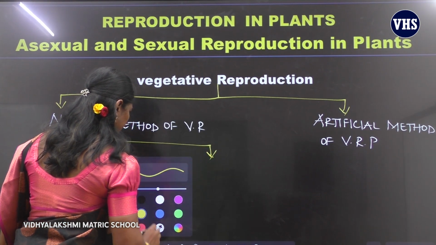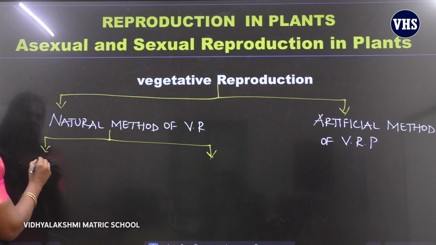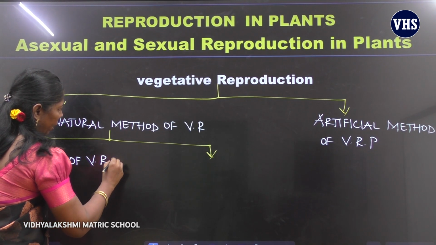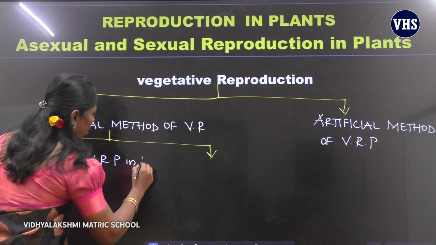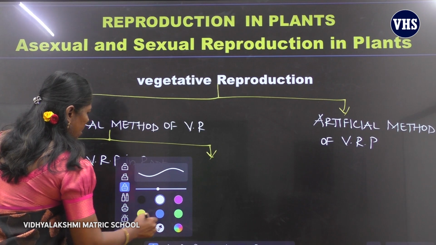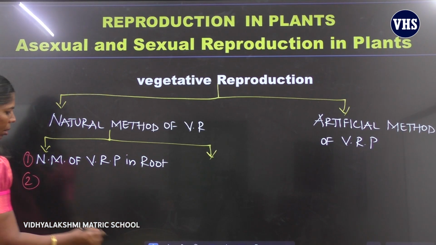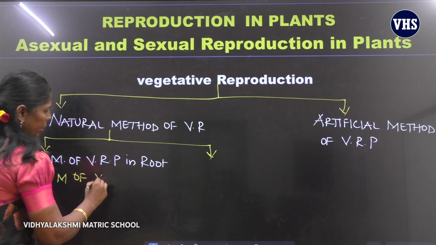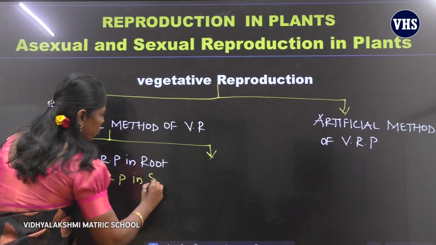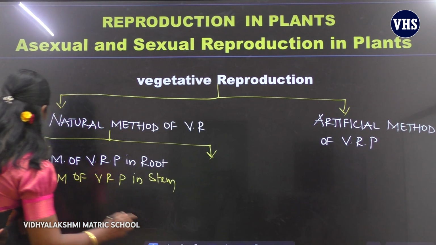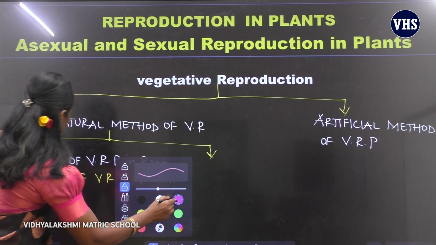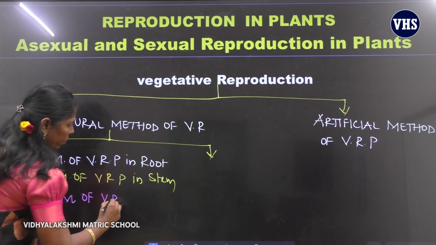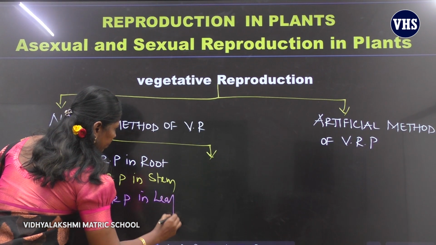The first is the natural method of vegetative reproduction in root, the second is in stem, and the third is in leaf.